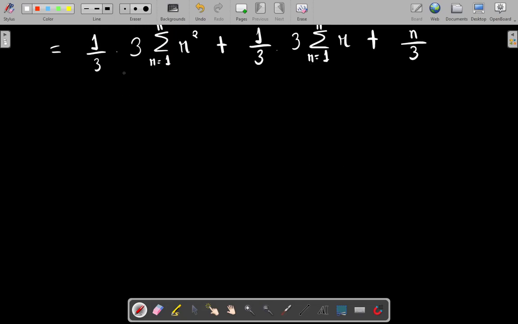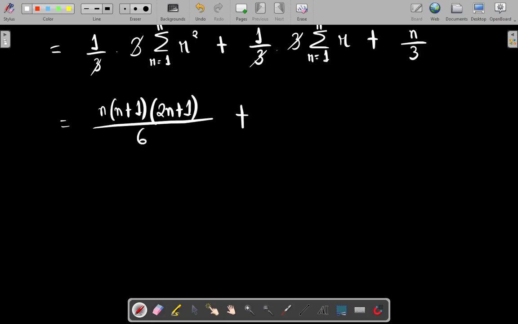So this and this will cancel out. Summation r square as r goes from 1 to n is a simple formula: n into n plus 1 times 2n plus 1 upon 6. Similarly, summation r as r goes from 1 to n is n into n plus 1 upon 2, and the last term is n upon 3.